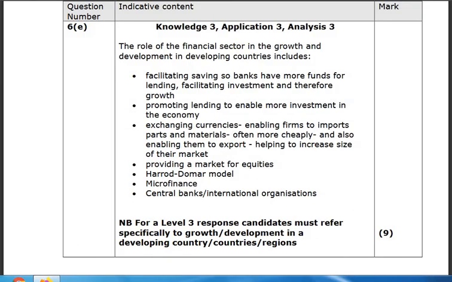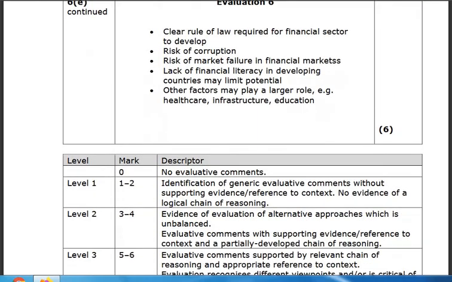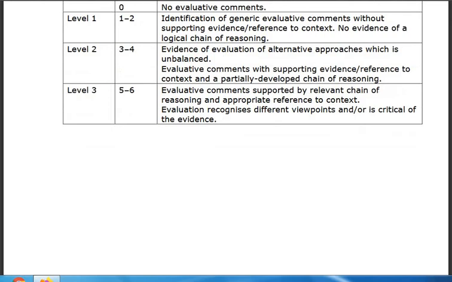In fact, actually, sorry, it's the same point, there's just a list of bullet points on the mark scheme. To get to level 3 evaluation, you need to construct a logical argument. Your judgments can't be unexplained, they can't be unsupported assertions.